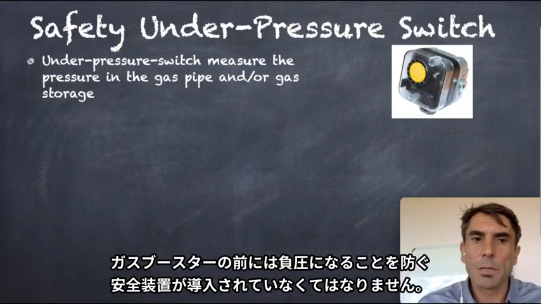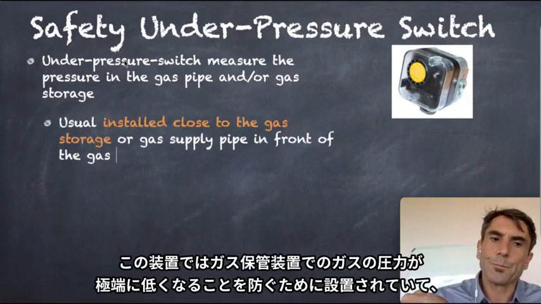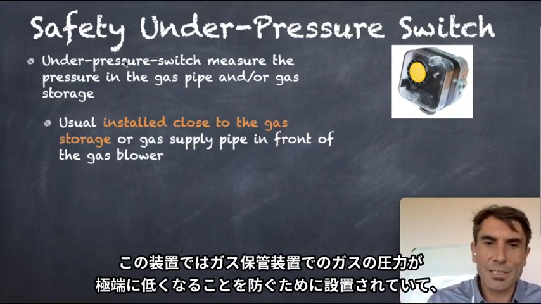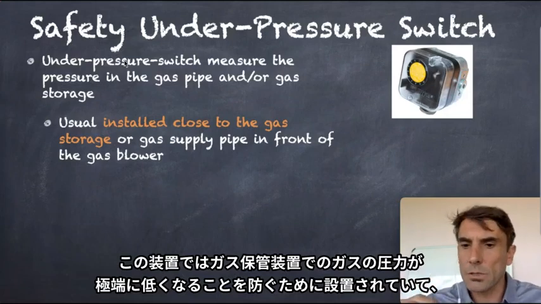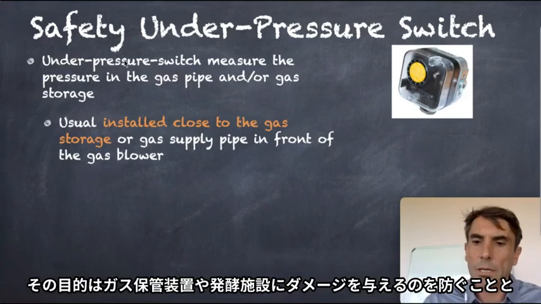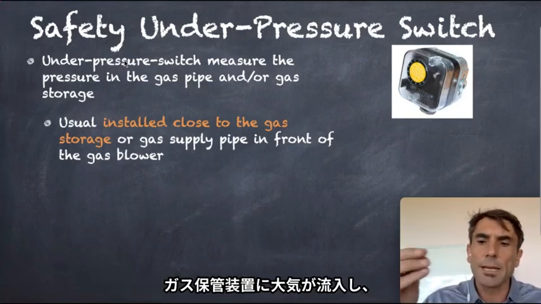in front of the gas blower, an under pressure safety switch installed. This safety switch is installed very close to the gas storage. It prevents us from getting too high an under pressure in the gas storage, which can damage the gas storage or the digester, or sucking in air, meaning oxygen, if there is not enough gas supply.